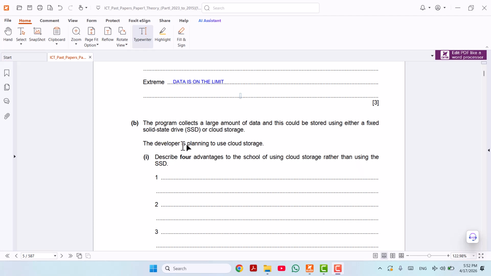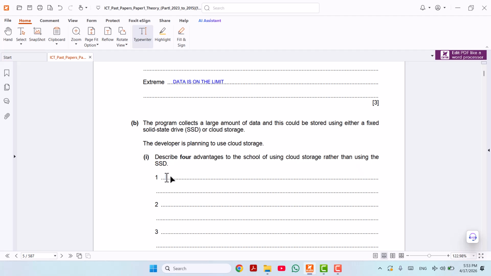The developer is planning to use cloud storage. Give advantages to the school of using cloud storage rather than using an SSD. An SSD is a solid device I can hold, and its capacity is limited. So we can have 500 gigabytes, 1 terabyte, 2 terabytes, but in the cloud we can have very large storage capacity.